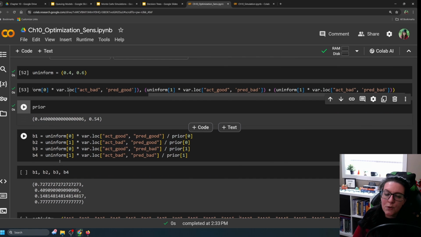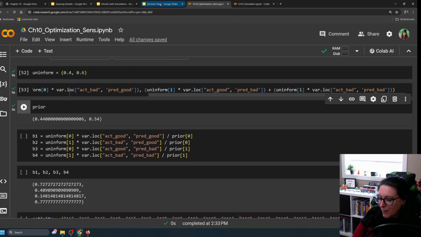So then what we can do is figure out those 4 conditional probabilities of act good, predict good, act bad, predict good, act good, predict bad, act bad, predict bad. And to do that, we're using our Bayes formula, which takes the probability that something is good or bad times that probability that they say that it is.